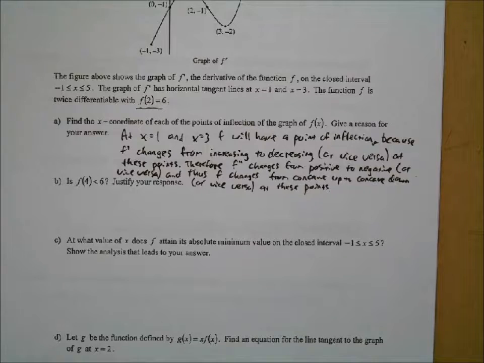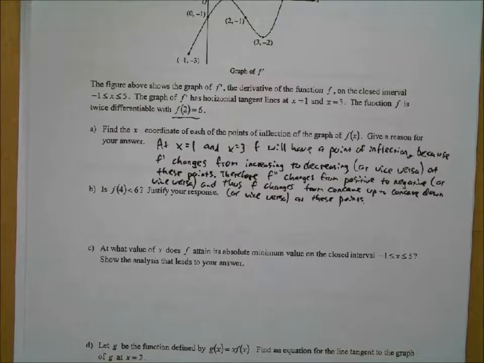Okay, so letter B, is f of 4 less than 6? Justify your response. Okay. Is f of 4 less than 6? So, what do we know about f? f of 2 equals 6.